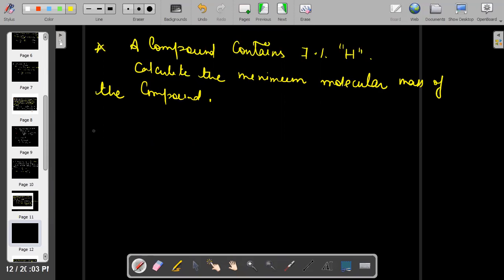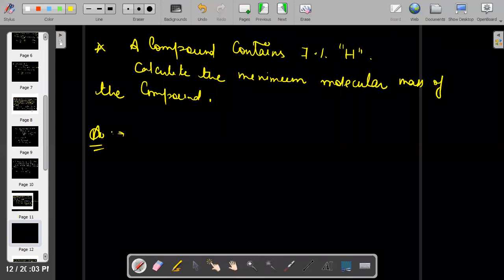What should be the answer? A compound contains 7% hydrogen. Calculate the minimum molar mass of the compound. Yes, Anusha, that's good. All students do fast.